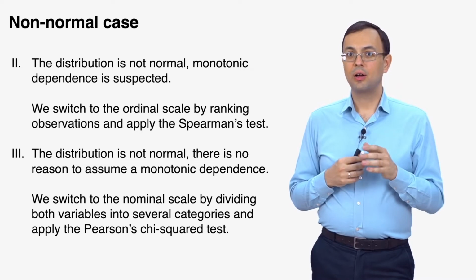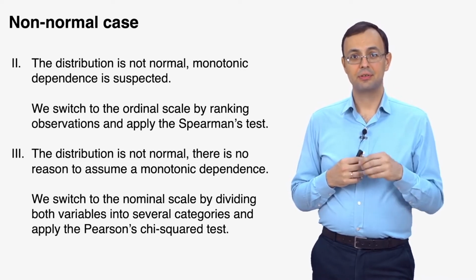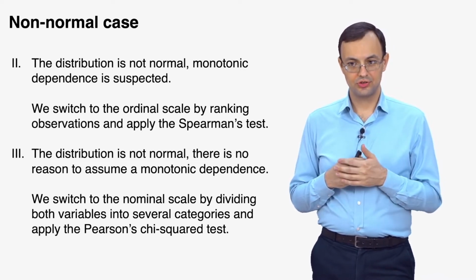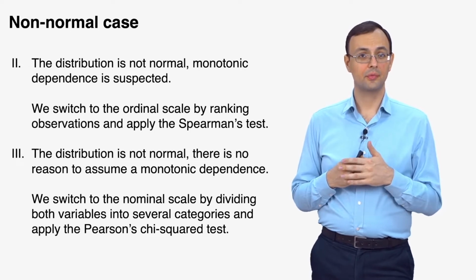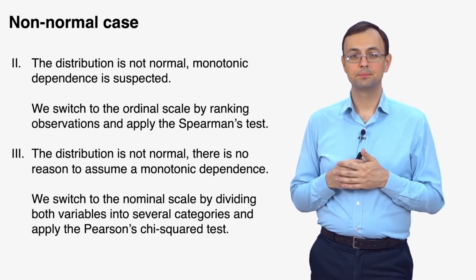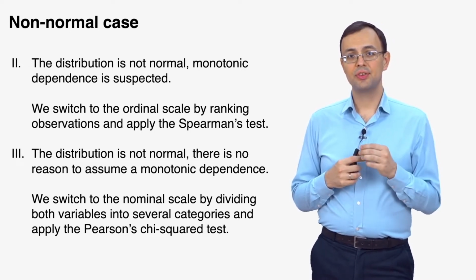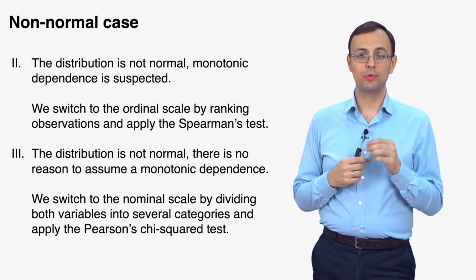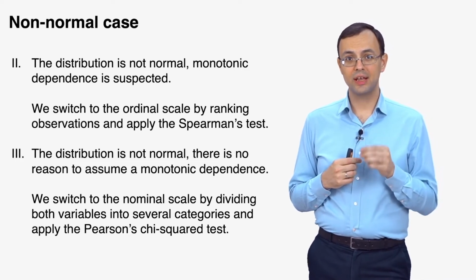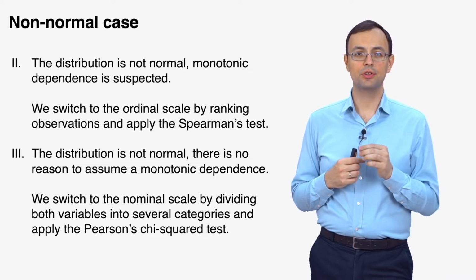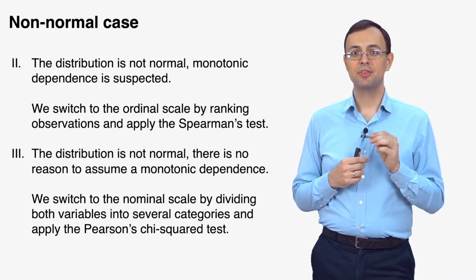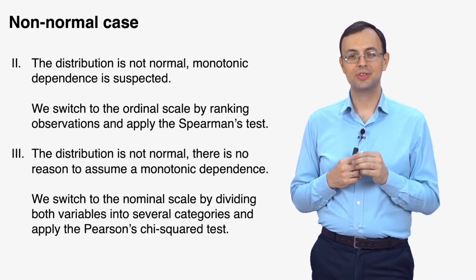And there are also several other methods and several other coefficients for contingency tables that are used sometimes. You should know that there is another popular method for ordinal scale. We have discussed only the Spearman's coefficient and Spearman's test, but there is also Kendall's coefficient and Kendall's test.